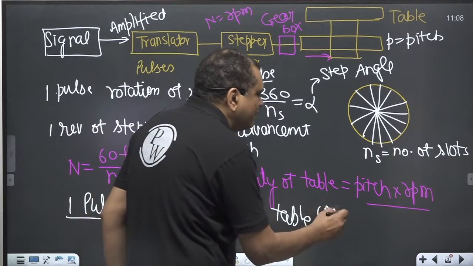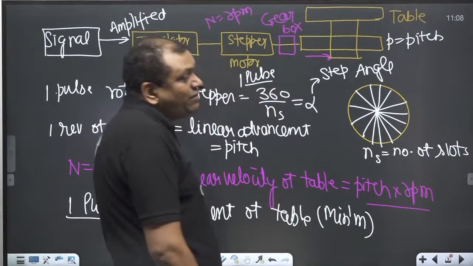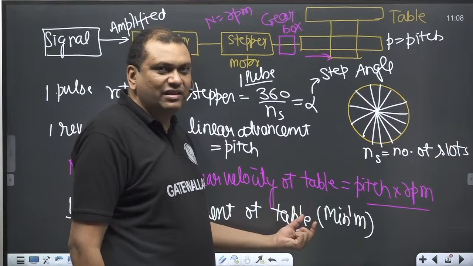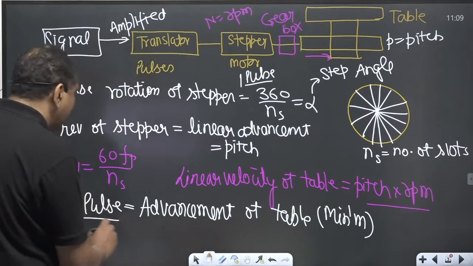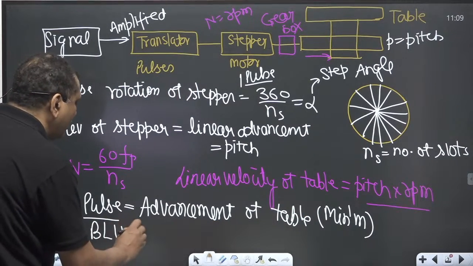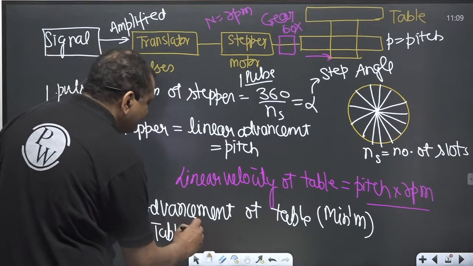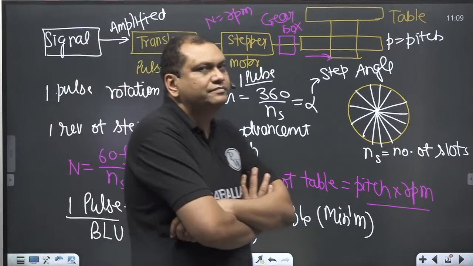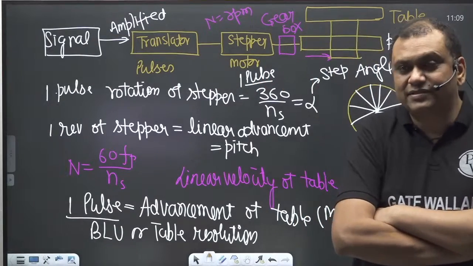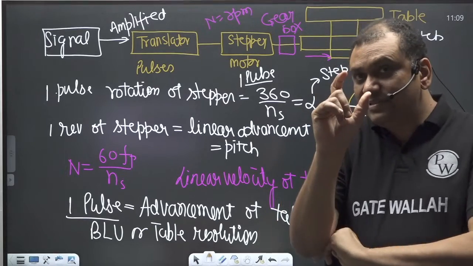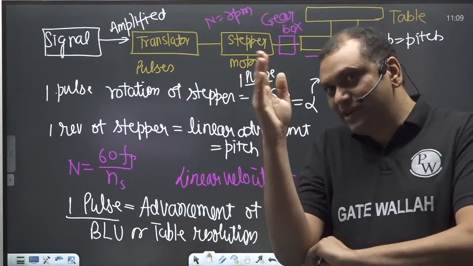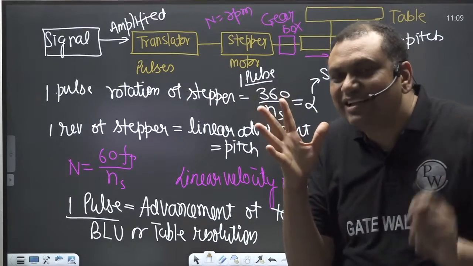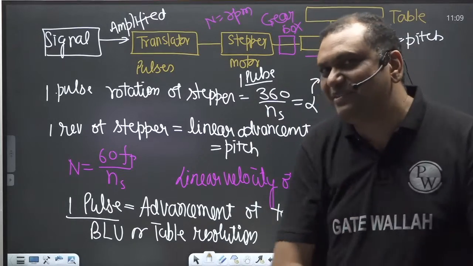That is the minimum advancement of the table. This is called BLU, basic length unit, or table resolution. It is the minimum advancement, that is called table resolution or basic length unit, BLU. That's it.